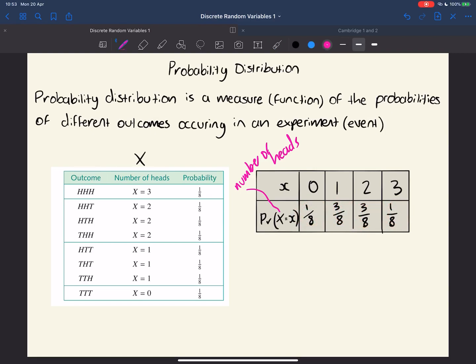Just a couple of rules before we finish off, just something to note. Each probability must lie between 0 and 1. I'll write that using this notation.